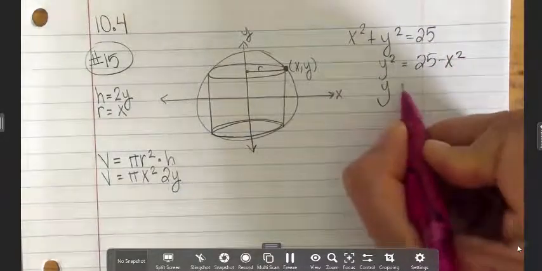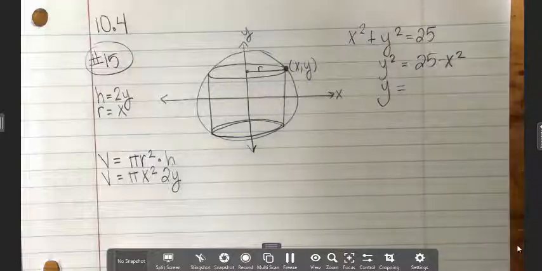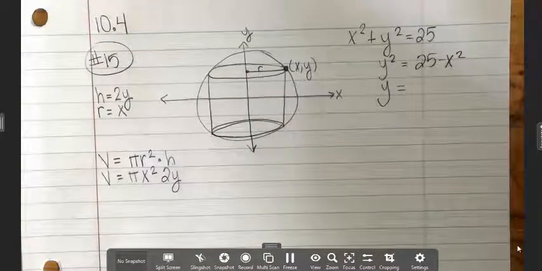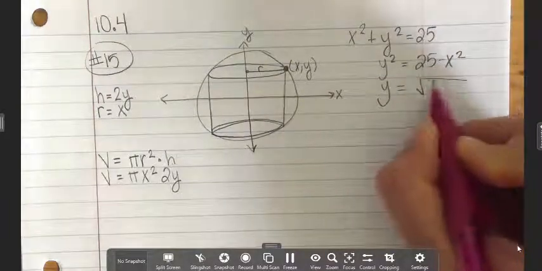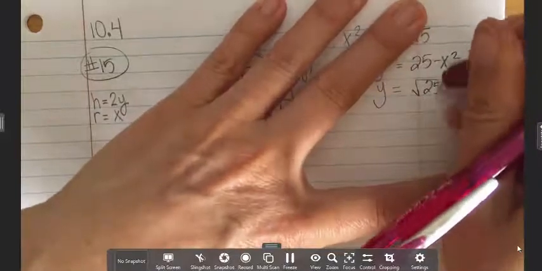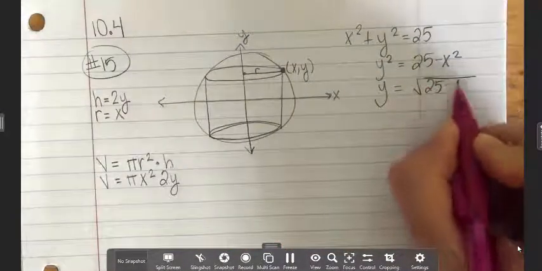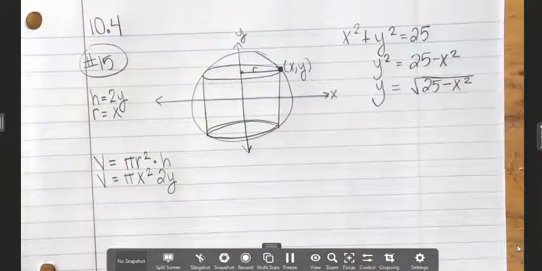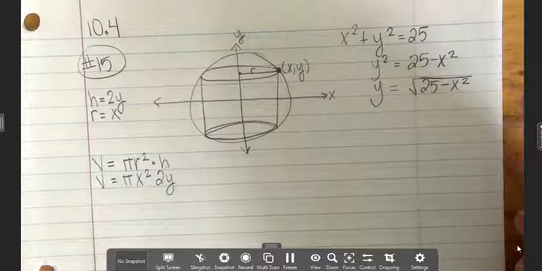And then y will equal, now normally when you take the square root of both sides of an unknown, you'd have positive or negative, but that really wouldn't make any sense for height. We just need the positive. So I'm just going to do the square root of 25 minus x squared. Now some of you guys get really excited here and you're like, oh yeah, that's 5 minus x then. You can't do that.